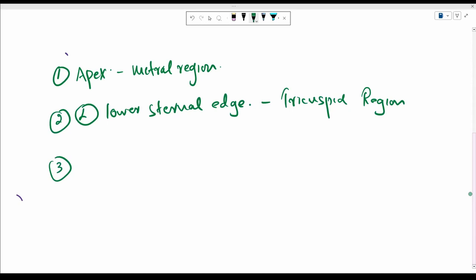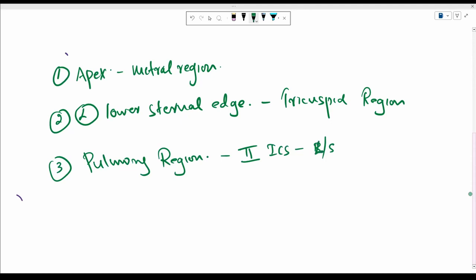Next, you go to the pulmonary region, which is the second intercostal space, left side. The second intercostal space, left side, which is the pulmonary region.